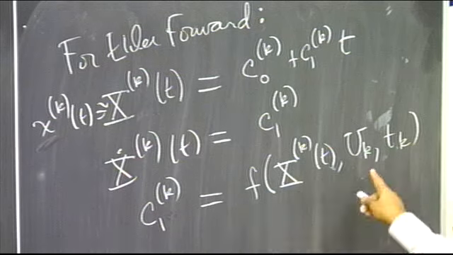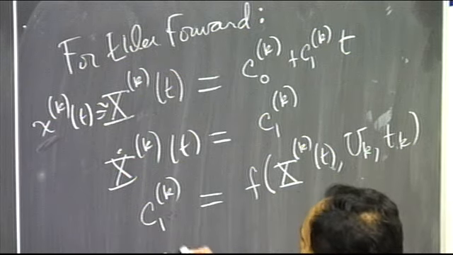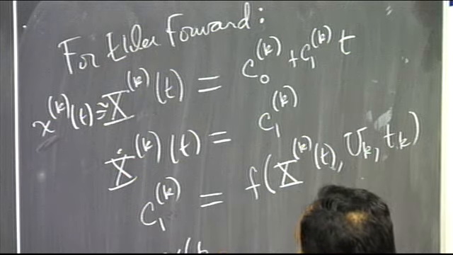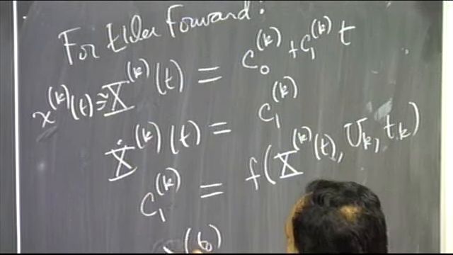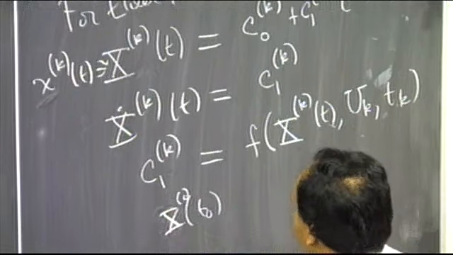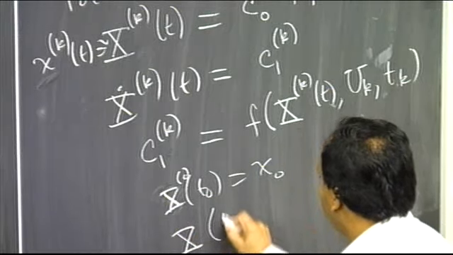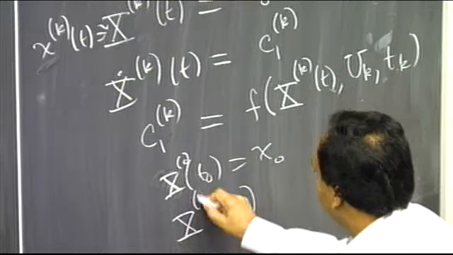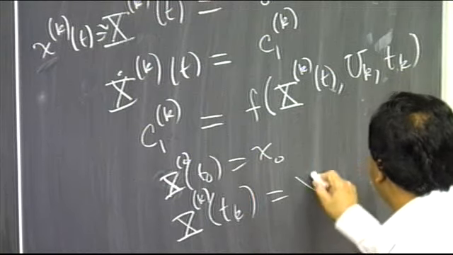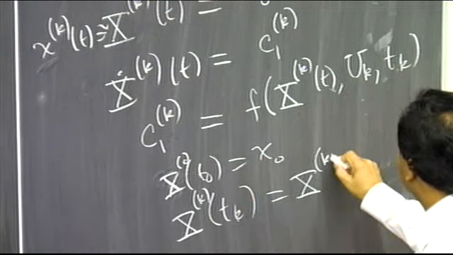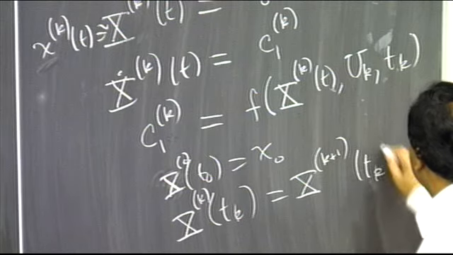So you get this, but you also get the condition that you've got capital X 0 at t0 is equal to x0, and x at tk at the end of segment k has to equal x k plus 1 at that same point.